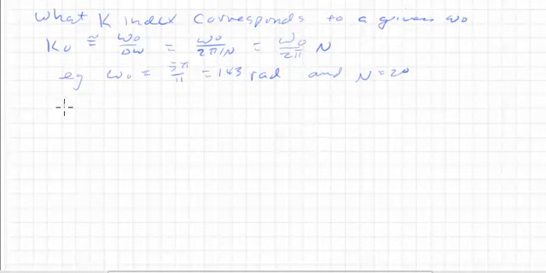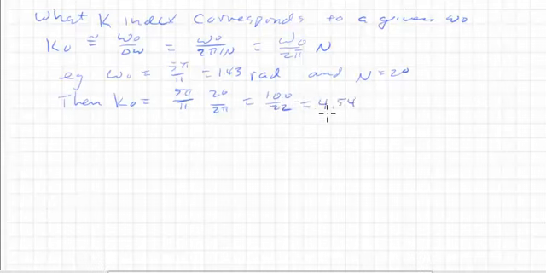Then k, the index of the DFT that corresponds to that, is 5 pi over 11 times 20 over 2 pi, which is equal to 100 over 22, which is equal to 4.54.